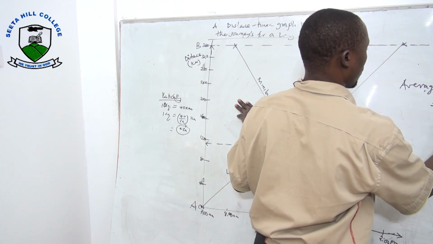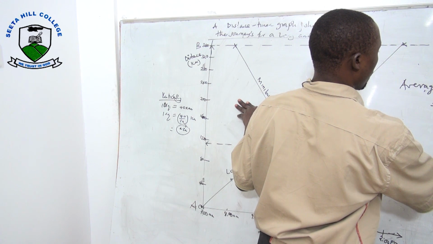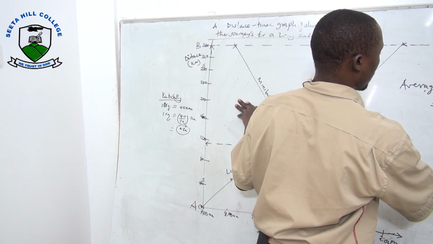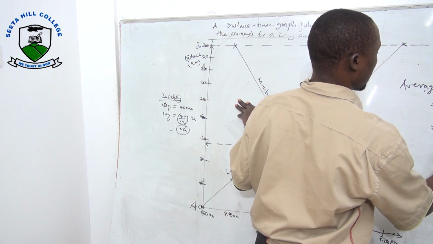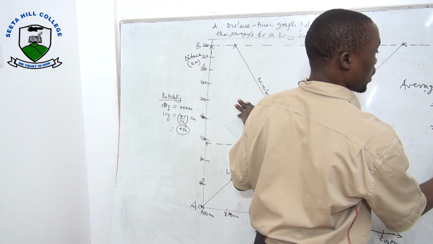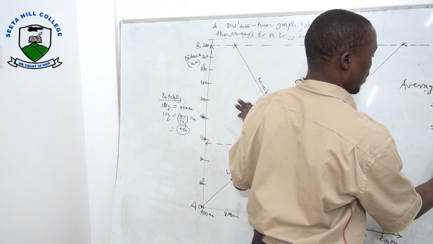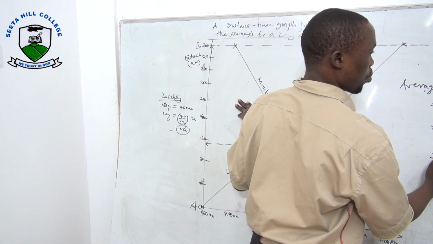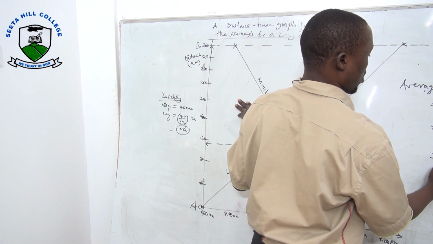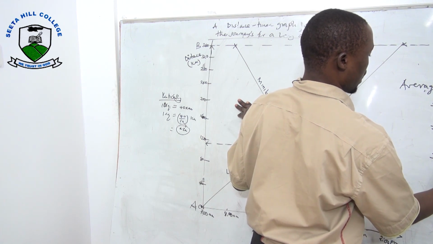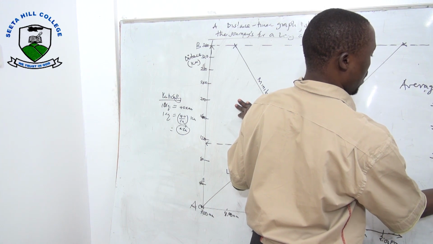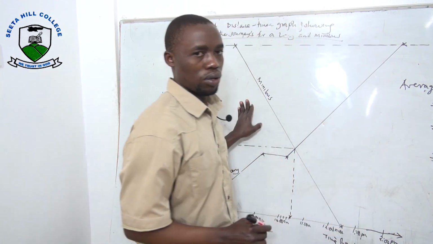It's total distance over total time. Total distance is 360. Total time is how many hours? 4 hours. That gives you 90 kilometers per hour. Okay.